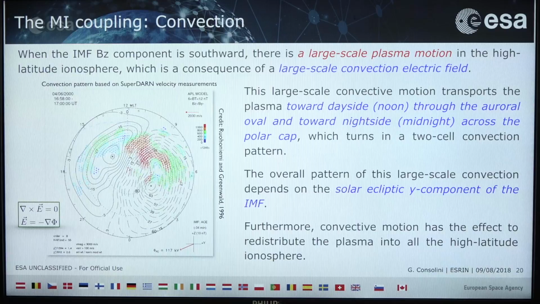Now, when the interplanetary magnetic field Z component is southward, there is another effect, essentially due to the reconnection between the interplanetary magnetic field, which is transported by the solar wind, and the magnetic field lines related to the geomagnetic field.